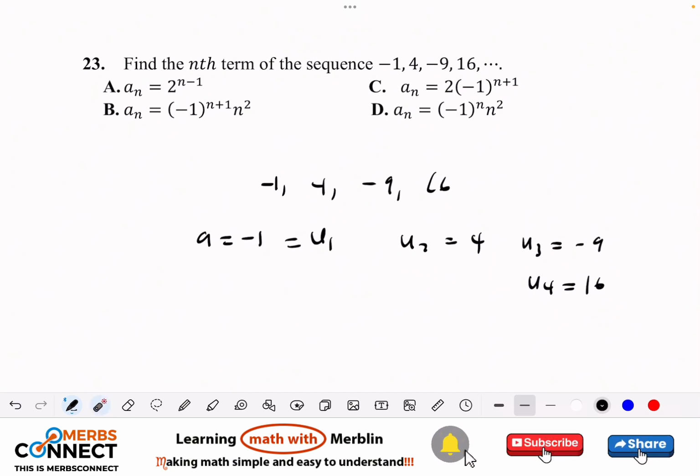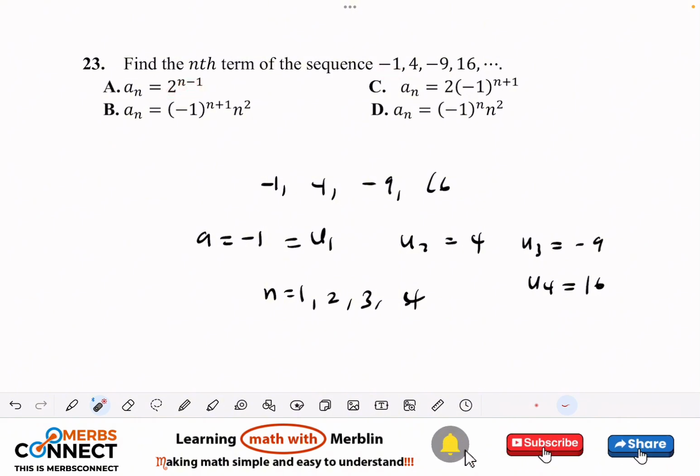What I'm going to do is, if I write here U1, it means that this is when n is equal to 1, and then n is equal to 2, n is equal to 3, n is equal to 4. So I'm just going to be testing them to see what is going to be produced. Let's start with 1. When I plug in 1 here, 1 minus 1 will be 0. 2 to the power 0 is 1, which is not true.